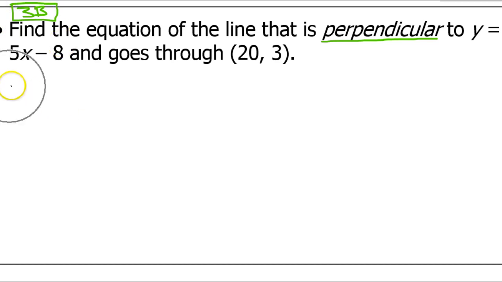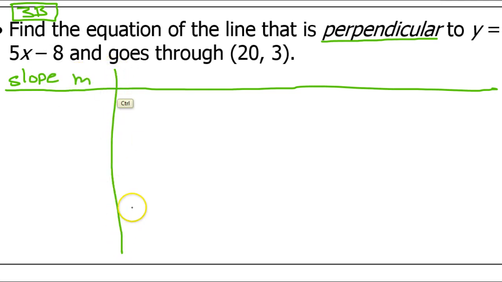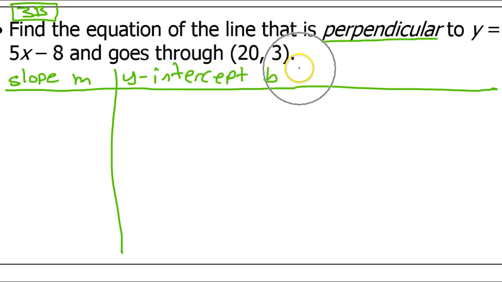Okay, we're going to start off the problem the same way. All right, always with the chart. So first we need to determine the slope, m, and then we will find the y-intercept, b, and then we will write the equation.